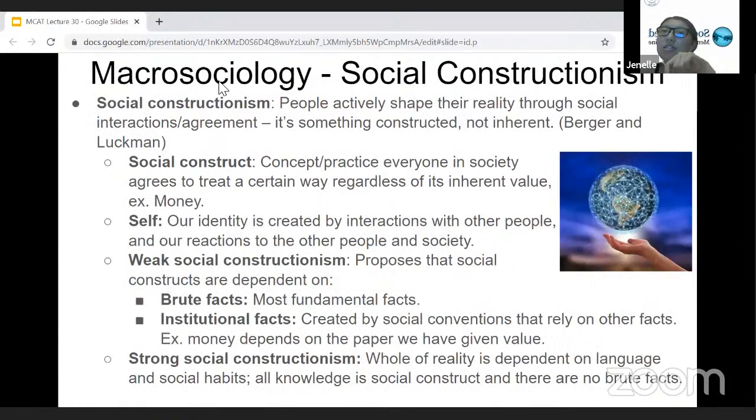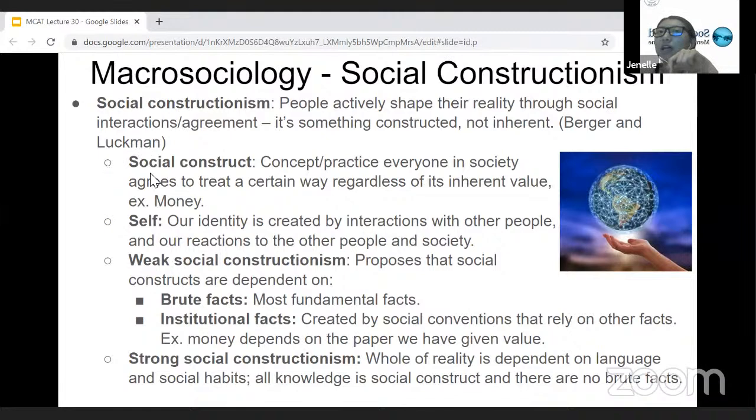And the last macrosociology theory is social constructionism, which is when people actively shape their reality through social interactions and agreement. It's something constructed but not inherent, and it was developed by Berger and Luckmann.